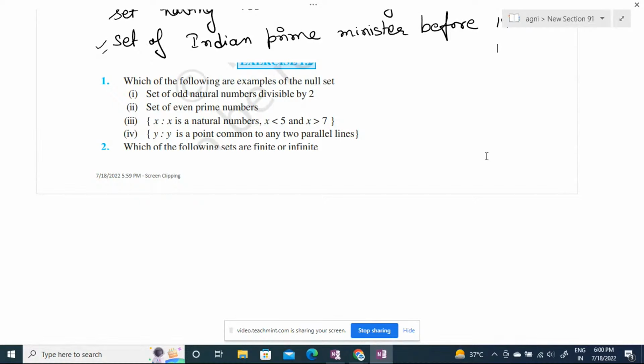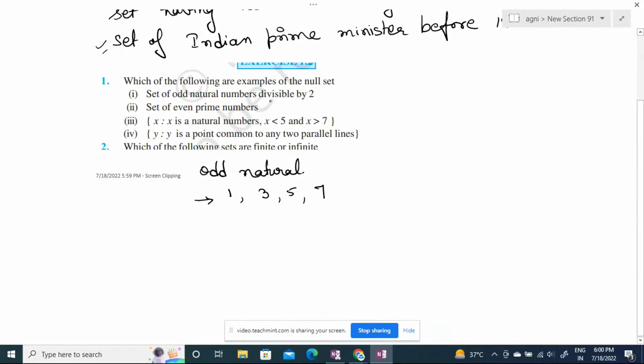Here we have to find the odd natural numbers. What are odd natural numbers? That is 1, 3, 5, 7, but none of these is divisible by 2. So set 1 is an empty set.